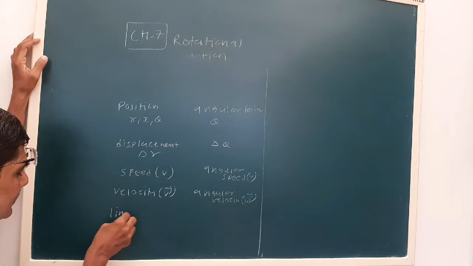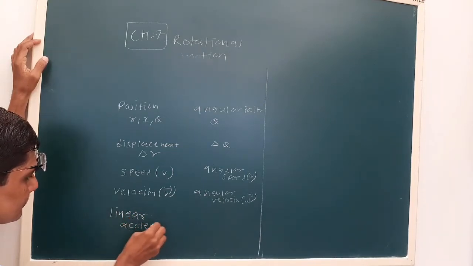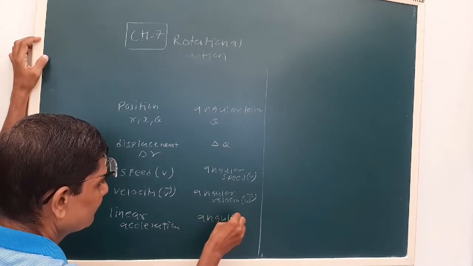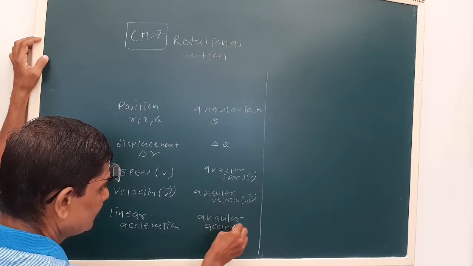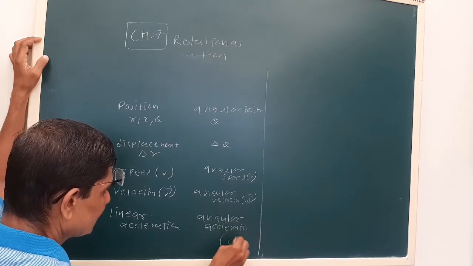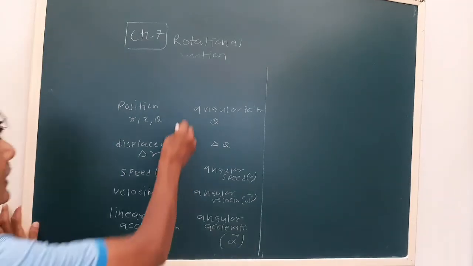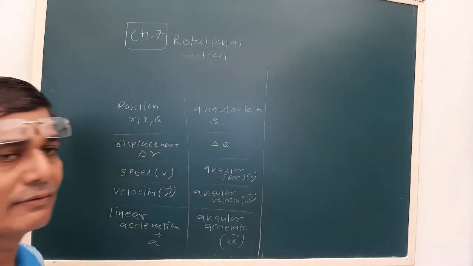Then we had linear acceleration, and similarly in rotational motion we have to study angular acceleration, that is alpha. Linear acceleration is denoted as a. One by one we'll try to derive the relations between them.